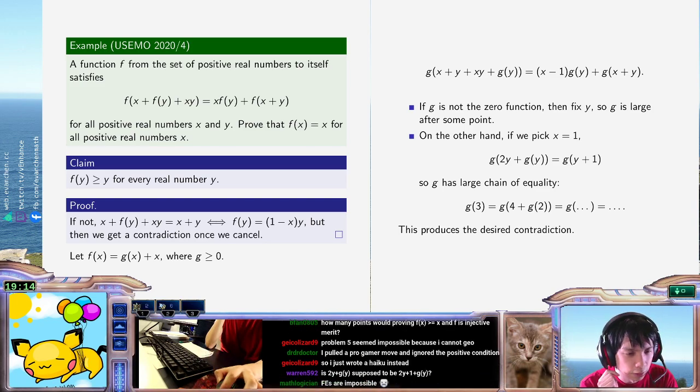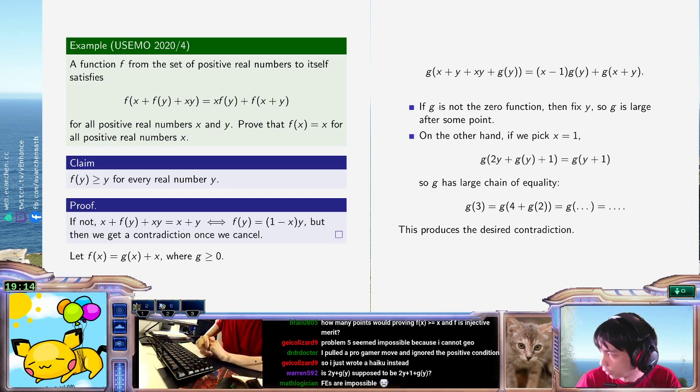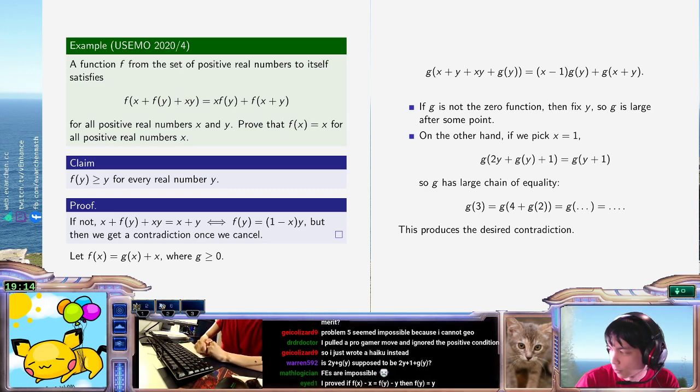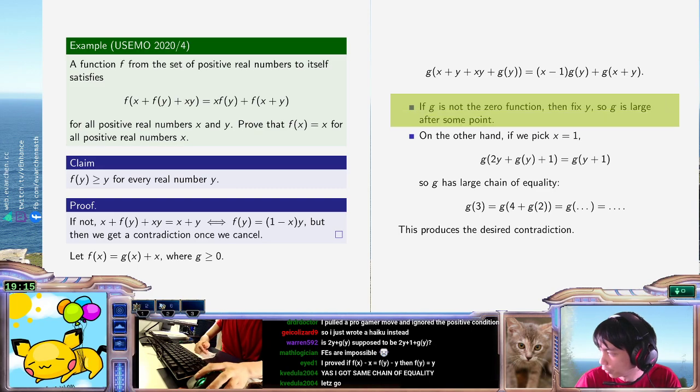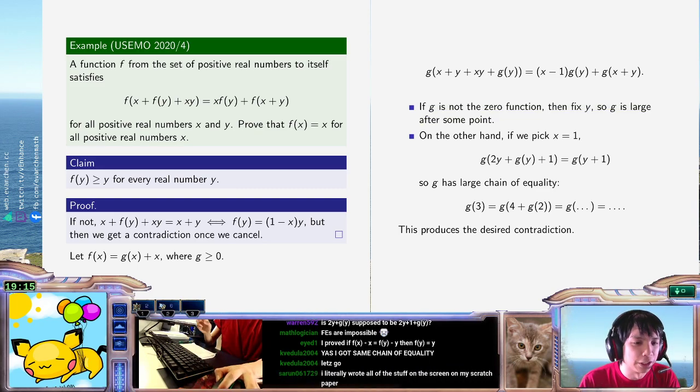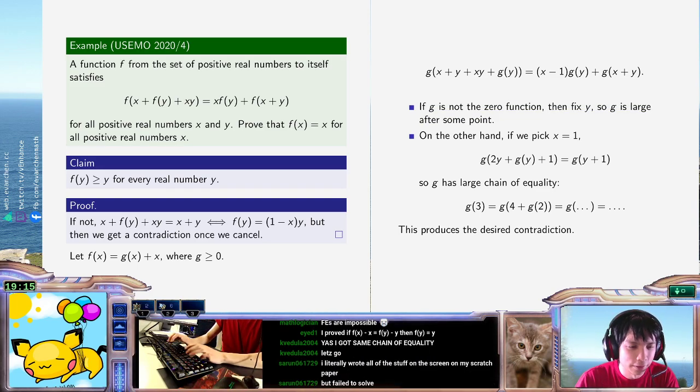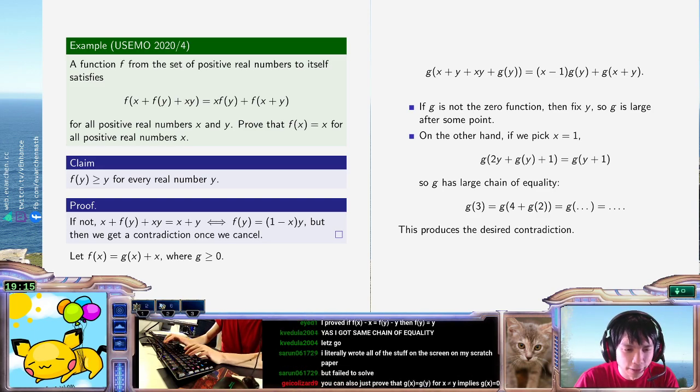Is it supposed to be 2y plus 1? Oh, yeah, sure. I dropped a plus 1. Yeah, sorry. Plus 1. So this one says g... If you want to be a jerk, you can write this as the limit of g(x) as x goes to infinity is plus infinity.